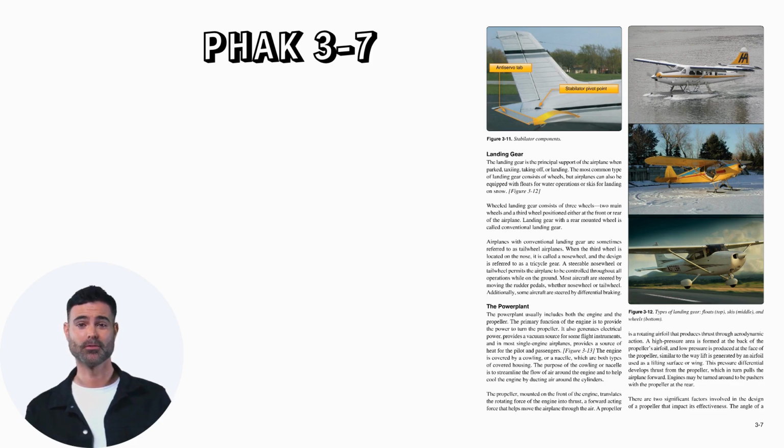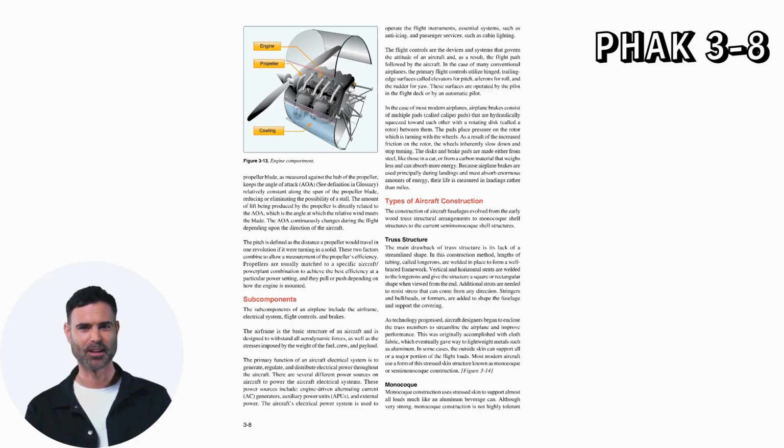There are 2 significant factors involved in the design of a propeller that impact its effectiveness. The angle of a propeller blade, as measured against the hub of the propeller, keeps the angle of attack, AOA, relatively constant along the span of the propeller blade, reducing or eliminating the possibility of a stall.